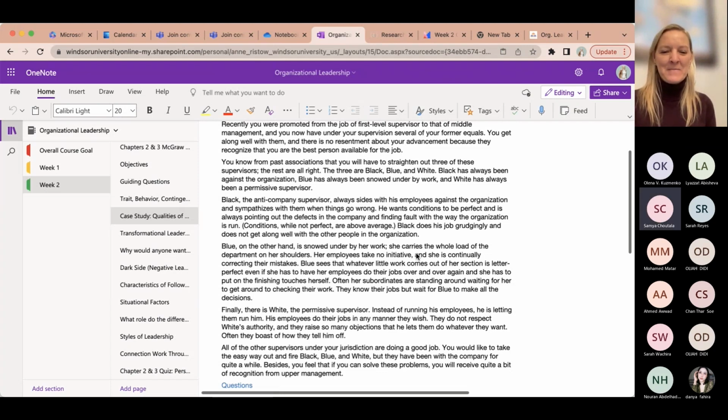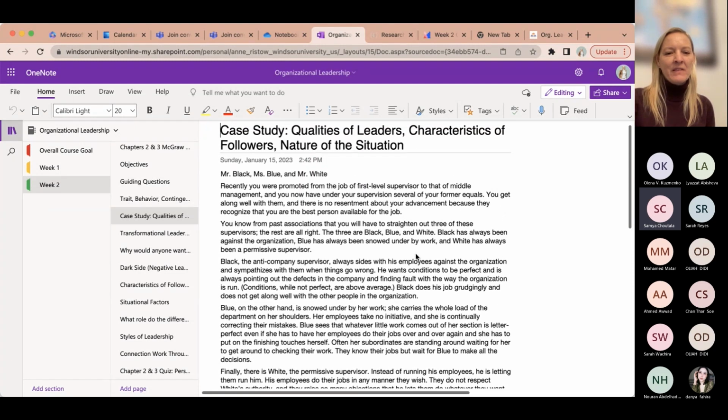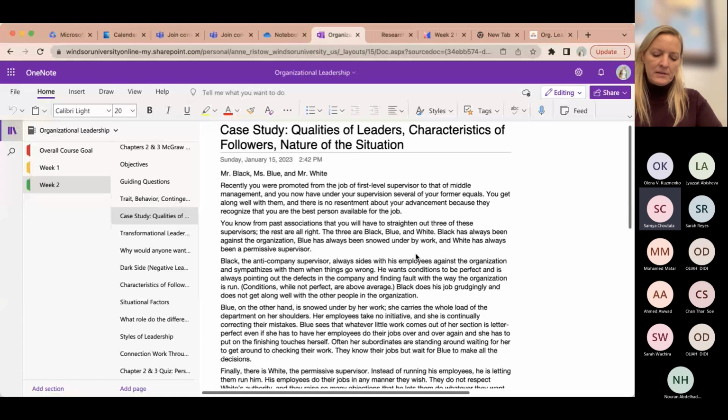Thank you, Elena. Thank you, Professor. So as I read, my understanding is that Mr. Black... if I am the supervisor of all these 3 supervisors, I would first schedule a one-on-one with Mr. Black. I would like to know the reasoning behind his complaints against the organization. Why is he always complaining about the organization structure?